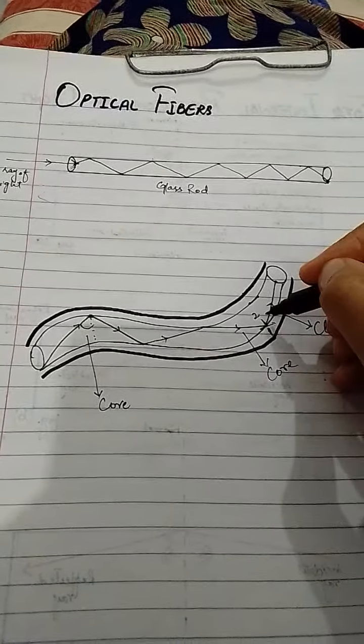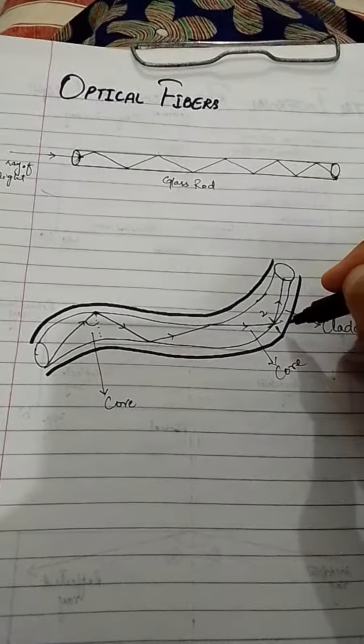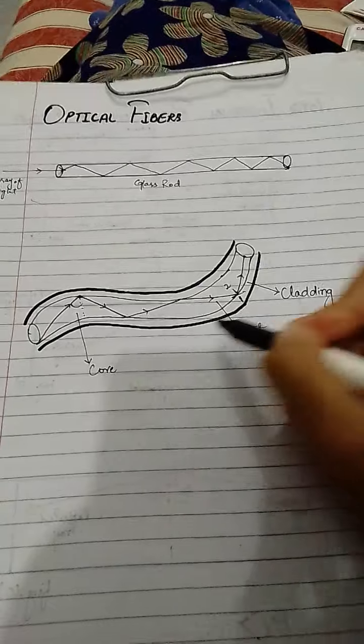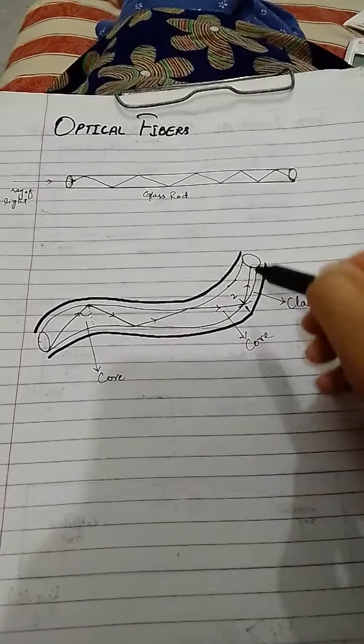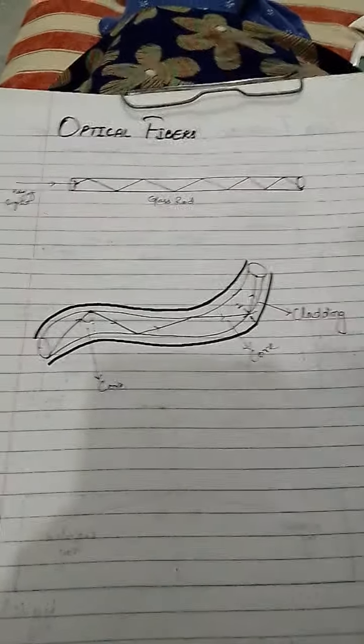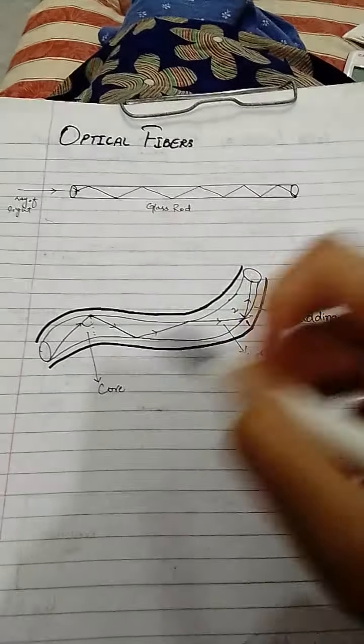In this case the core would be the optically denser medium and the cladding the optically less dense medium. So this is why we apply cladding to optical fiber wires. These are actually a kind of wire.